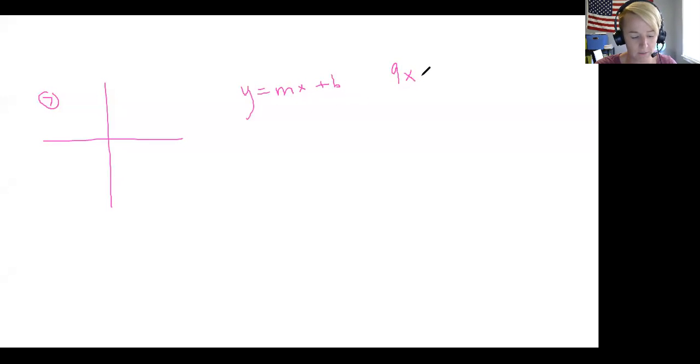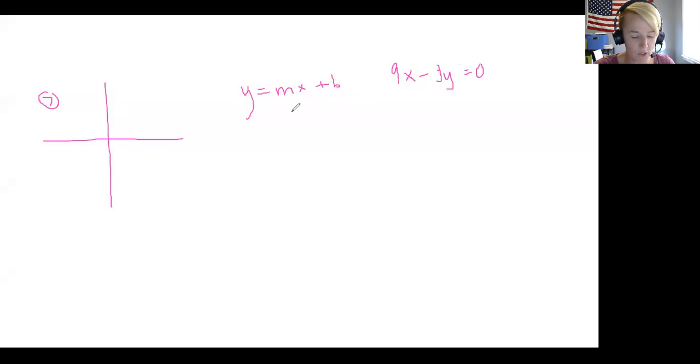Number 7 through 15, you're going to graph the line. So all things are going to have a graph. You're going to have an XY plane like this, and you're going to have to put the information on there. In order to graph your line, you want to get it to y equals mx plus b. So for example, number 7, 9x minus 3y equals 0.